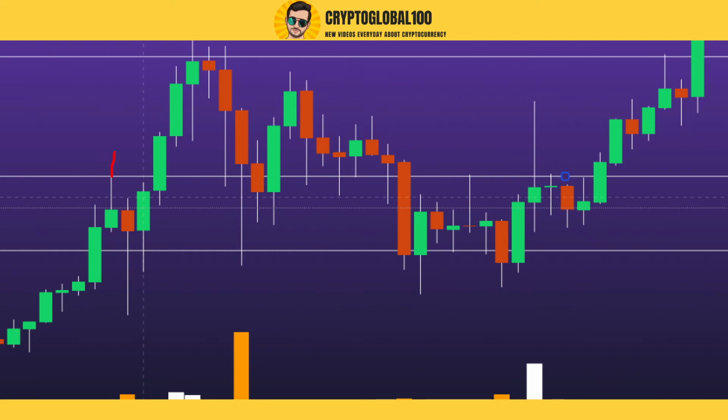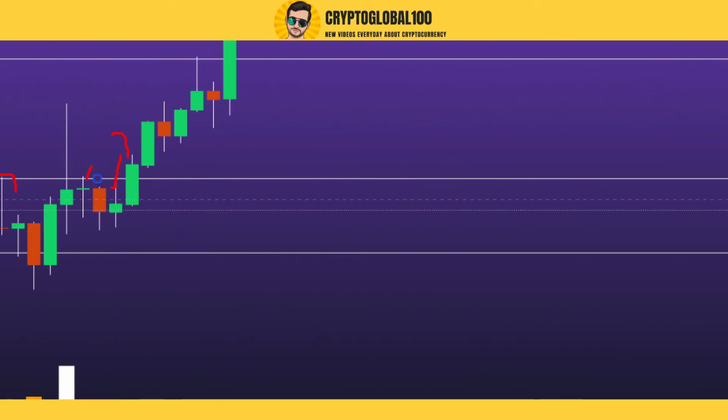Because you see this was our swing high, and then what happened? 1, 2, 3, 4, 5, 6 times this was tested as a support. And on the 7th attempt it broke down, price went down, and then retested it as a resistance. 1, 2, 3, and on the 4th attempt it broke that level.